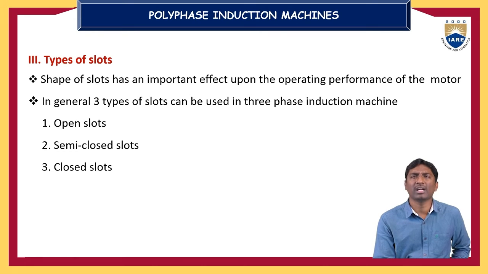Generally, there are three types of slots used for induction machines: open slots, semi-closed slots, and closed slots. These three types affect the operating performance of the induction machine.